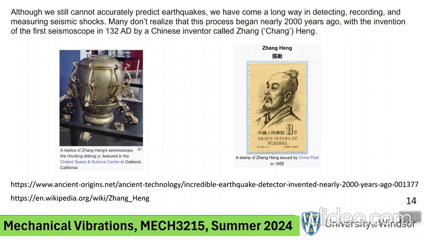Now, it's hard to predict. It's impossible to accurately predict the earthquake, but once it comes, then you can measure the displacement of the ground through this device that the fellow developed 2,000 years ago.